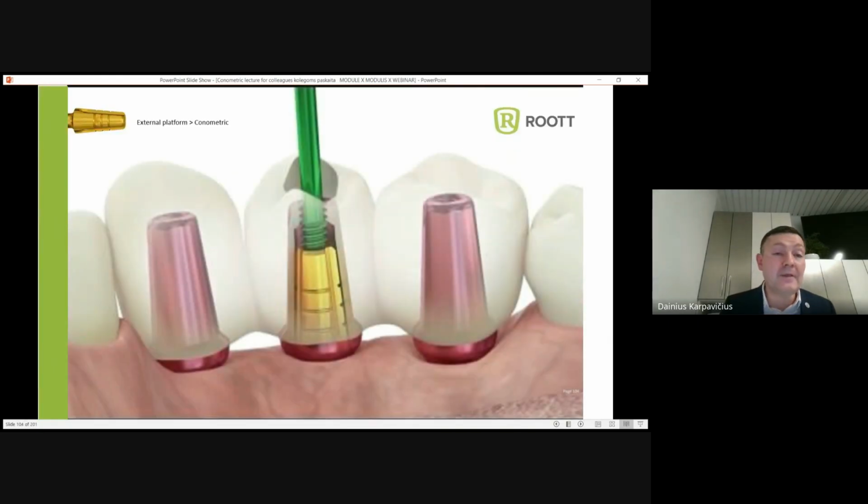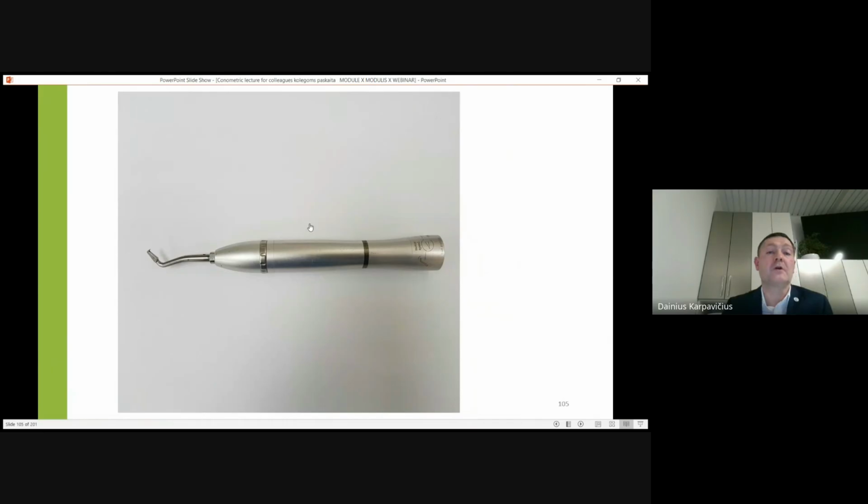The retrievability is the same like we discussed previously. Just you have to remember that we have no shaft inside, so you have to use either a screw, or an SR instrument, removable, this instrument with cutted nose, and then everything lifts up from the construction.